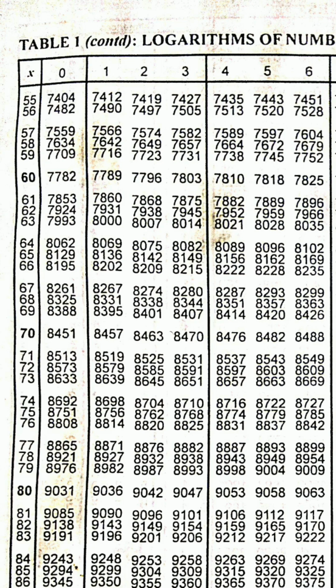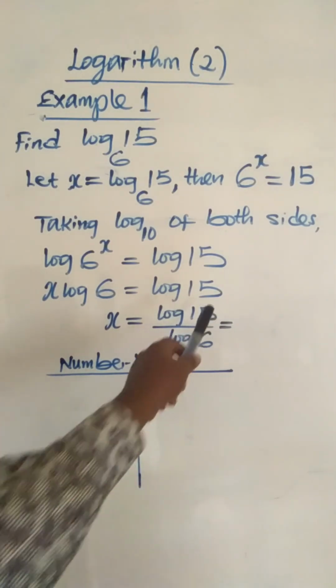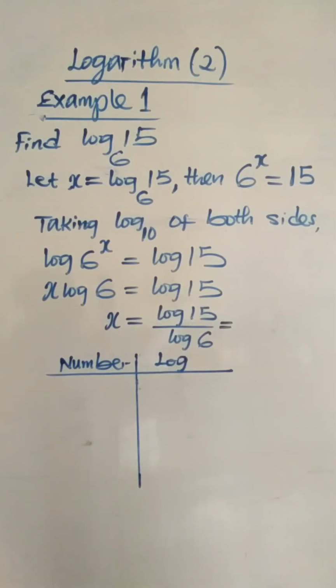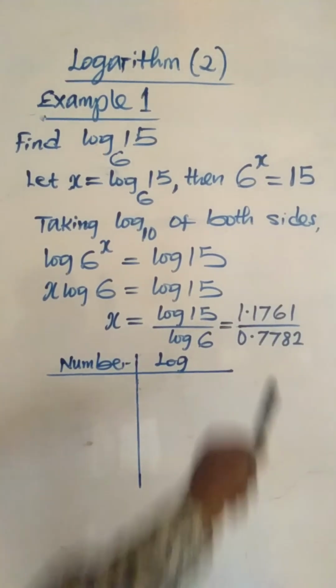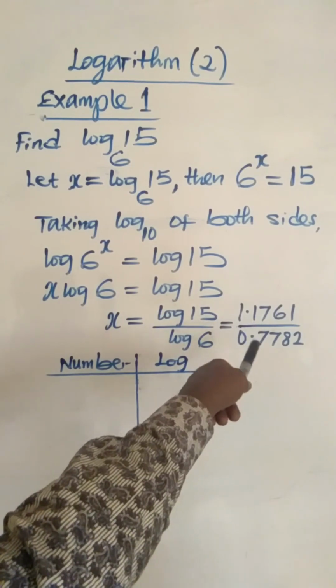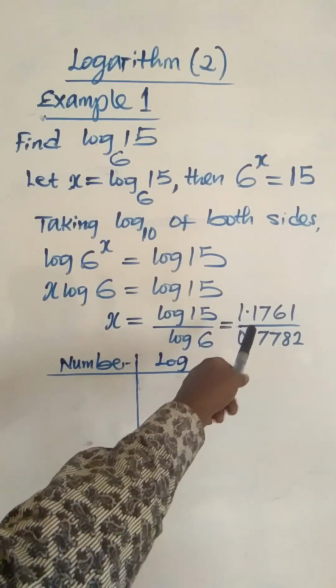That means we are going to have 0.7782. From the table, log 15 gives us 1.1761, and log 6 gives us 0.7782. When you simply divide using your calculator, what we get is 1.511.